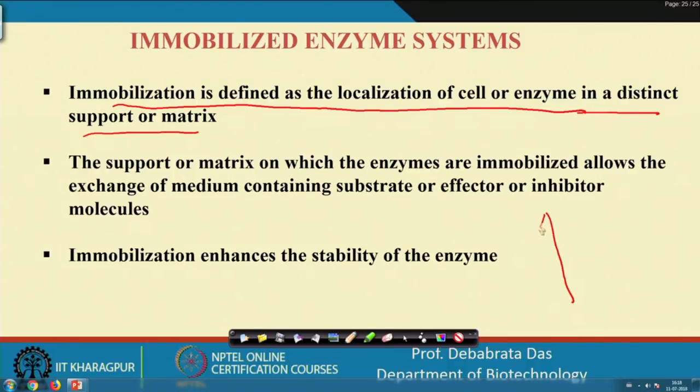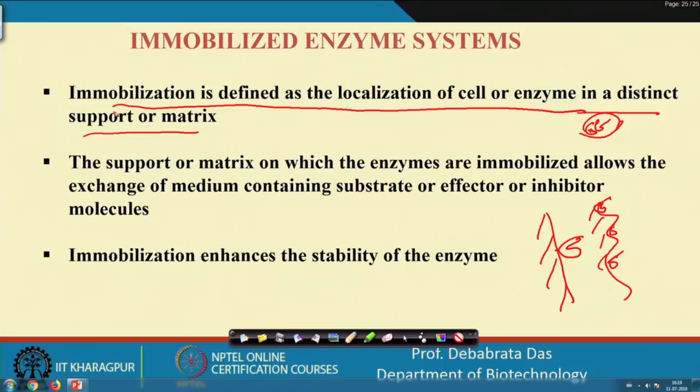What I want to say is, suppose this is a solid matrix and this is the enzyme, which is immobilized on the surface, or maybe the matrix has some kind of pore, and inside the pore the enzymes are located, or they may be encapsulated inside a membrane. These are the enzymes that we immobilize.